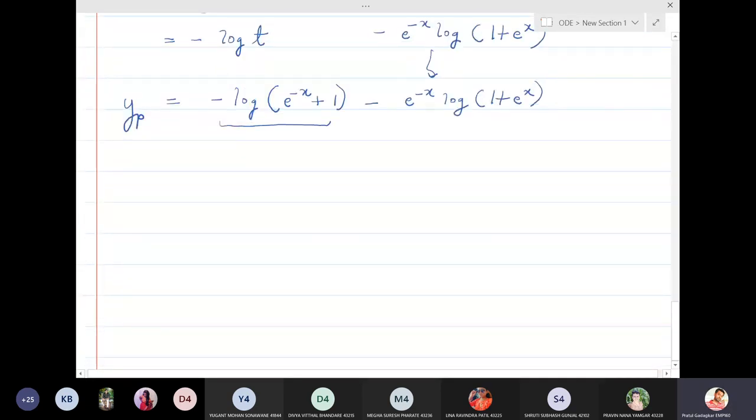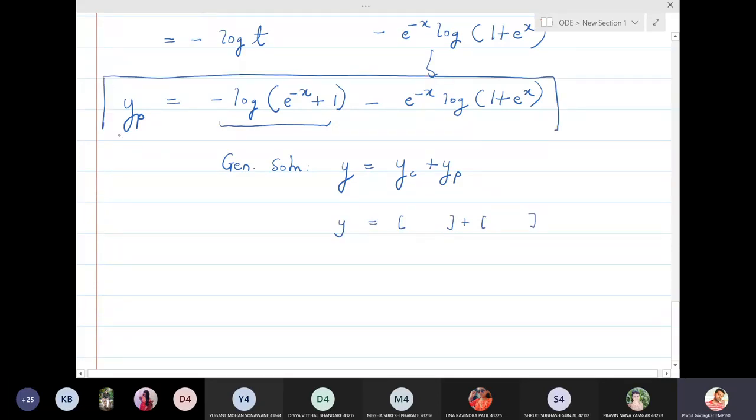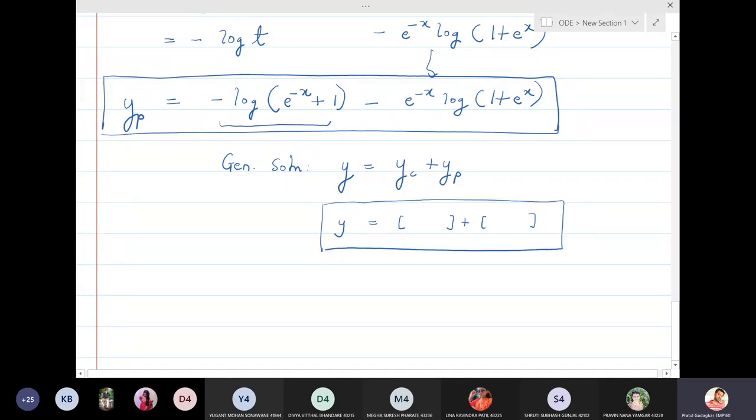So what is the general solution? Therefore, the general solution is y equal to yc plus yp, and then you copy down both the things. You copy down what is yc, you copy down what is yp, and that becomes your final solution, right?